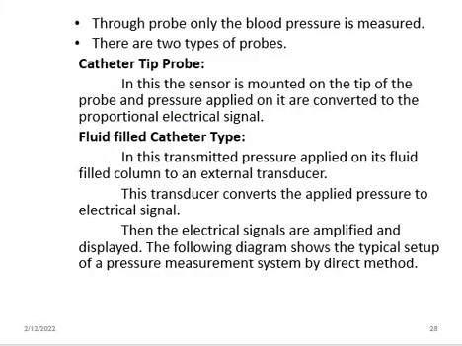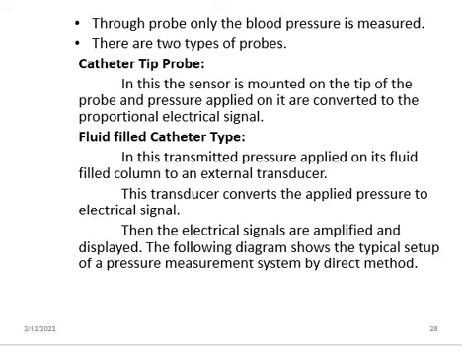Usually probes are utilized to measure the blood pressure. What are the two types of probes? First one is the catheter tip probe and the other one is the fluid filled catheter type. The catheter tip probe is very simple and not complicated, because it has a simple pressure sensor, a pressure transducer, at the tip of the probe.